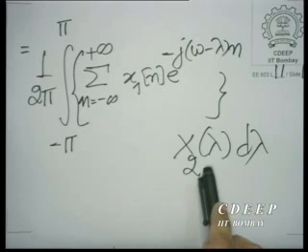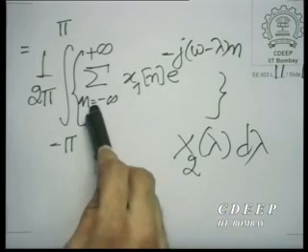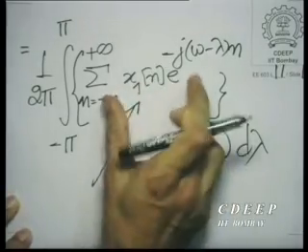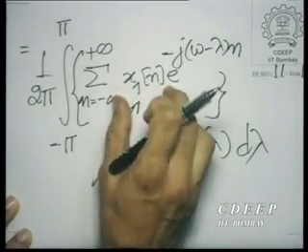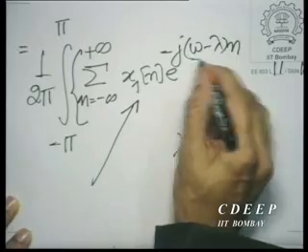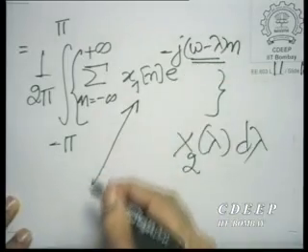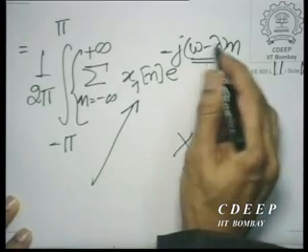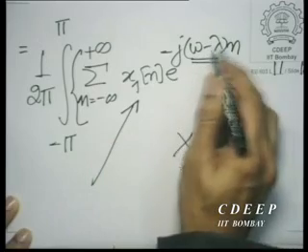So, here we have something very interesting. What we have inside the curly bracket here is essentially the discrete time Fourier transform of x1[n], but evaluated at omega minus lambda instead of at lambda or at omega. You have just evaluated that discrete time Fourier transform at a different value.